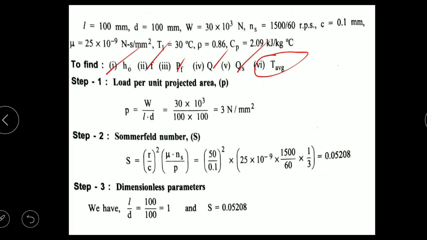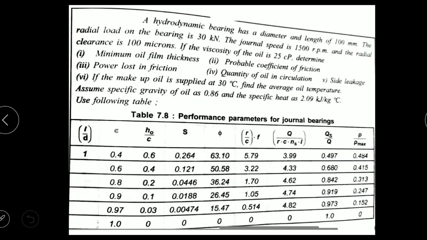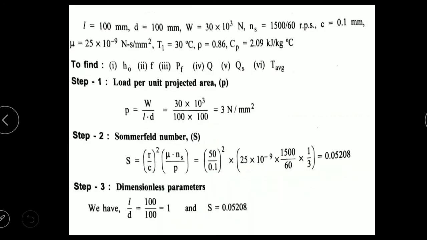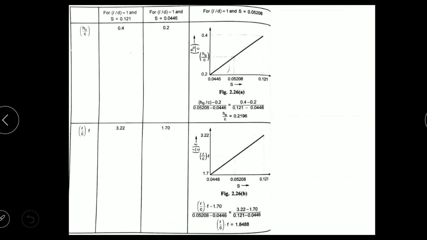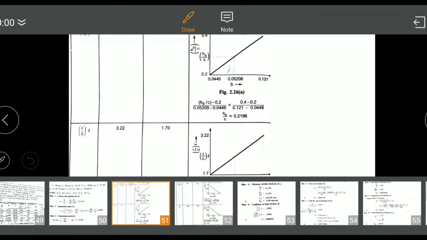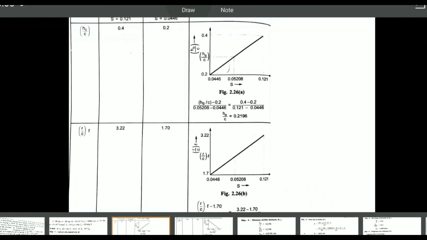but selection is very important. So that's why you need to read this chart carefully. This is the tricky example, critical example, in which this point is situated in between two rows. Earlier there was a single row, but here we need to calculate when the values are situated in between two rows. We will have to use the graphical method. So as I told you in graphical method, I'll repeat what we did.